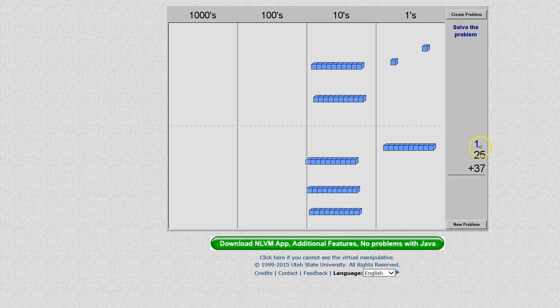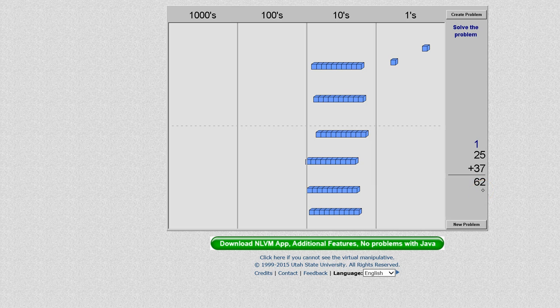Notice what we have here. It carried a 1 into the tens column because now we have taken those 10 ones and made one rod. Now I'm going to physically move it over into the tens place. Notice now it states that we have 2 ones. That's how many ones were left over after we regrouped. And it combined the 2 plus 3 rods plus the 1 we carried over, giving us 62.